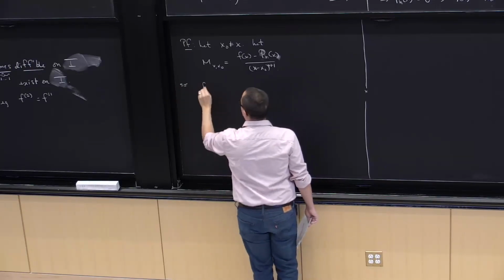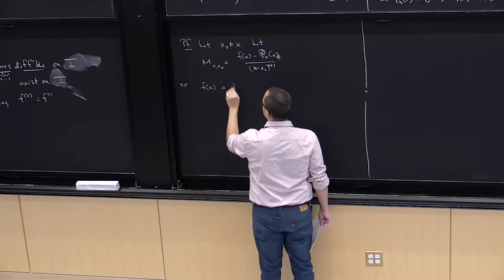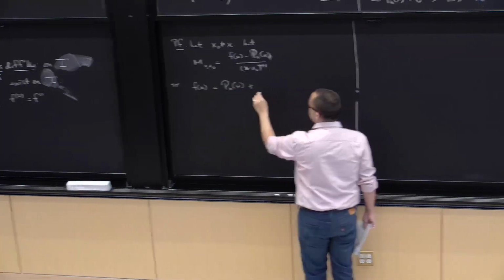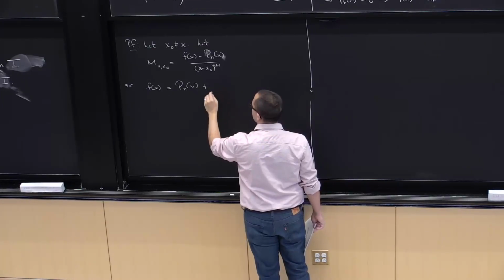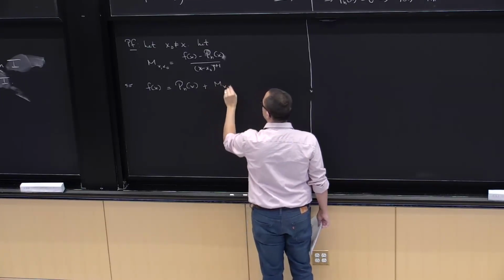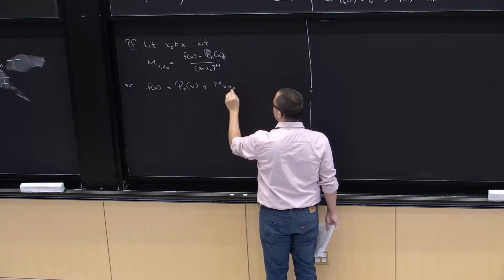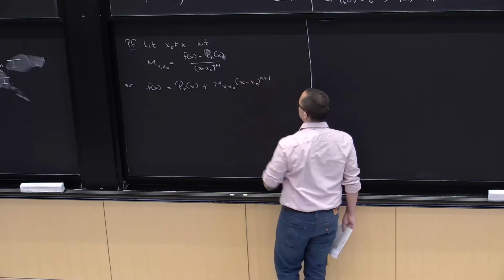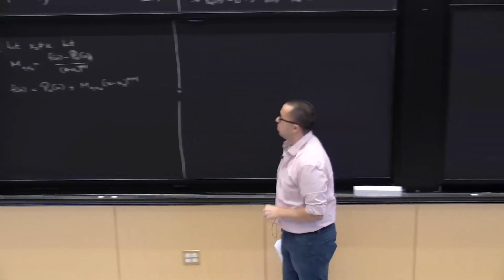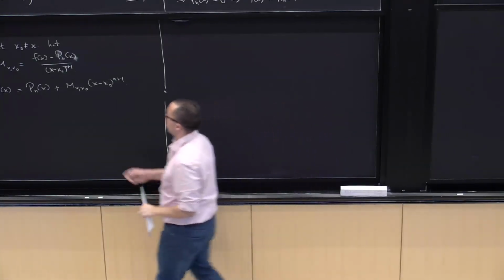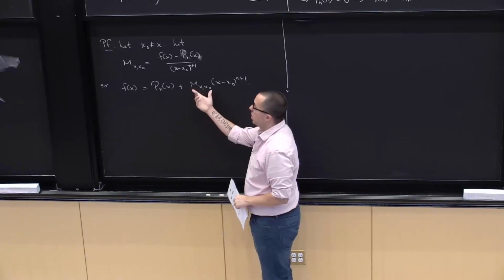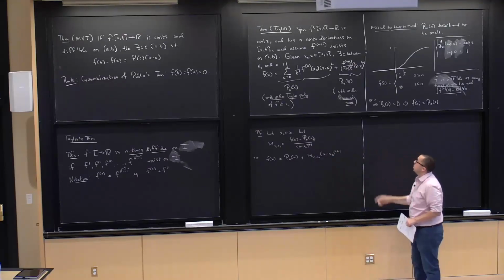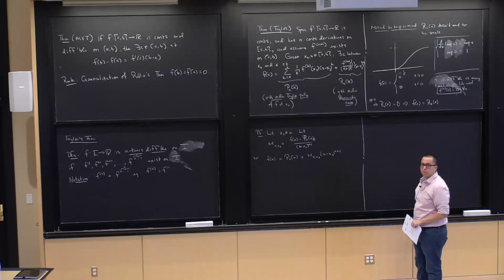Then just rewriting this, this means that f of x is equal to p sub n of x, the Taylor polynomial of degree n at x, plus M times x minus x0 to the n plus 1. Okay? So now the goal is to show that, in fact, this number can be written as the n plus 1 derivative evaluated at some point over n plus 1 factorial.